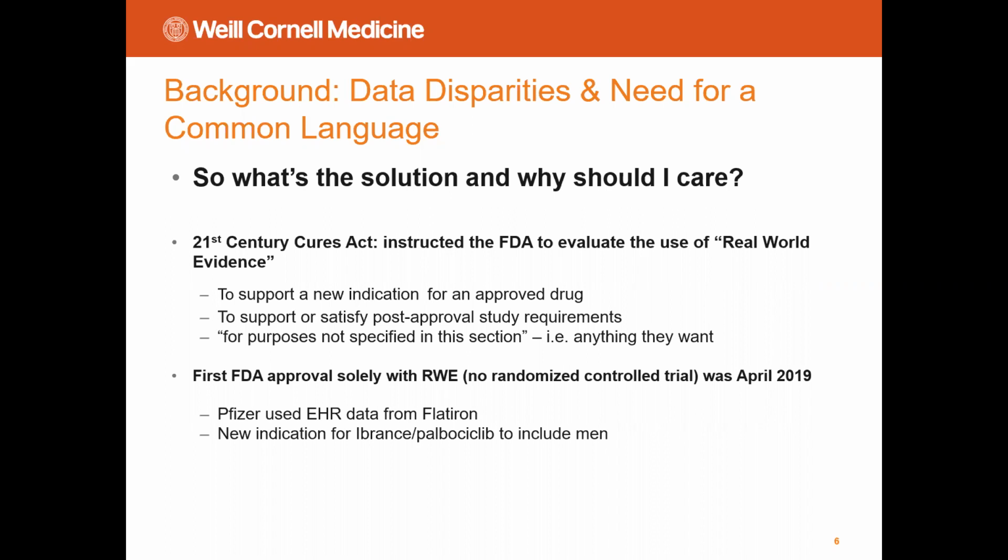It's a markedly effective drug. It was being used off-label to treat men with breast cancer, and a company called Flatiron was able to present electronic health record data to the FDA, demonstrating that palbociclib, or Ibrance, is effective and safe in men with breast cancer, and the FDA approved it and issued the indication.